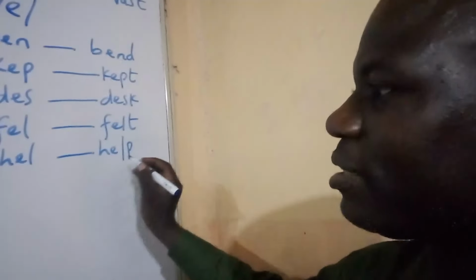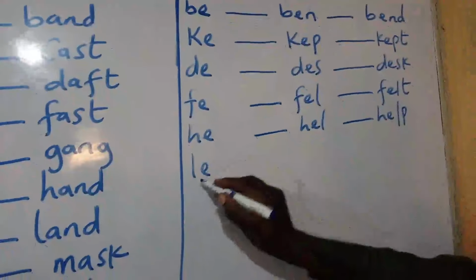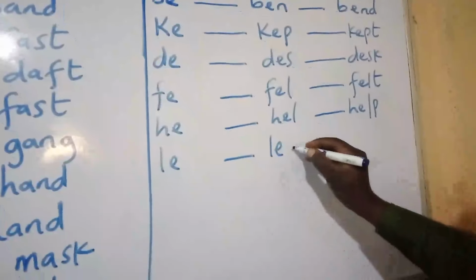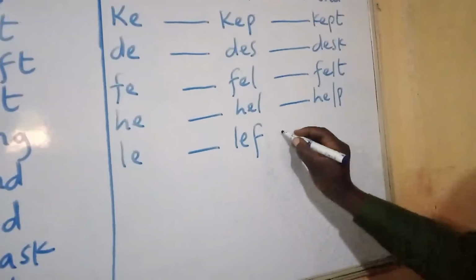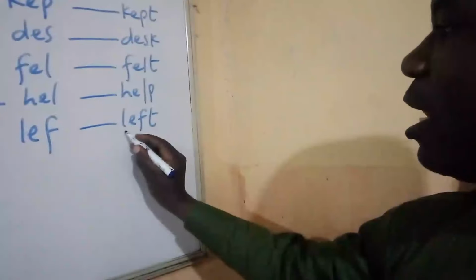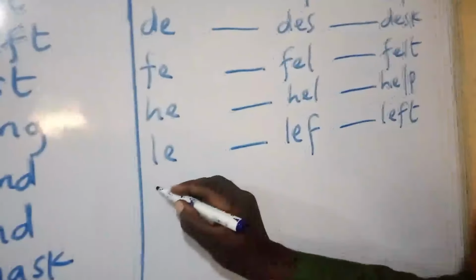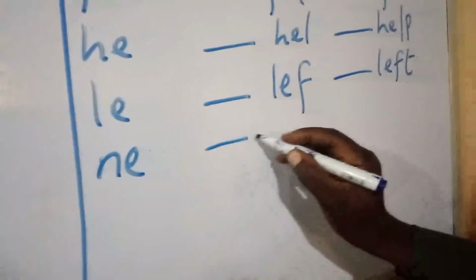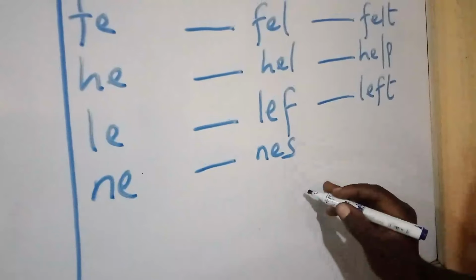Okay, all right. So the next one is le as in left. In 4 letter we have left. Okay, all right. Now next one is ne as in nest.